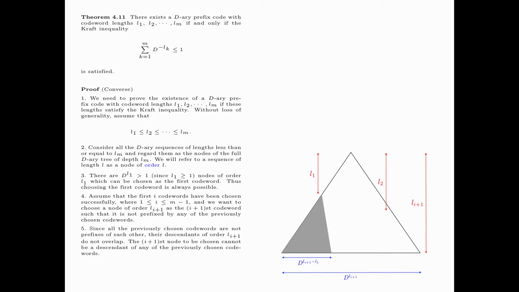Likewise, for a node of depth L2, the number of descendants of order L_{i+1} is equal to d to the power L_{i+1} minus L2. And for the node of order Li, the number of descendants of order L_{i+1} is equal to d to the power L_{i+1} minus Li.